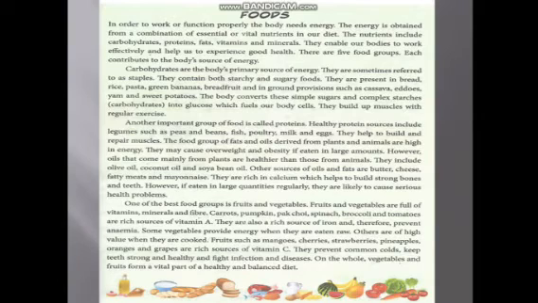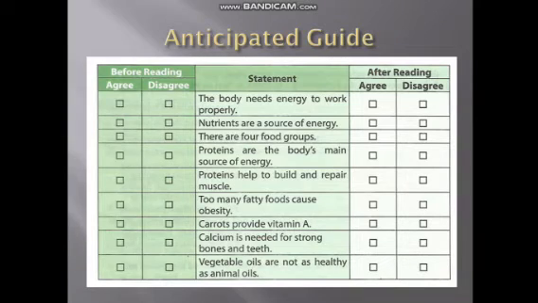Healthy protein sources include legumes such as peas and beans, fish, poultry, milk, and eggs. They help to build and repair muscles. So you see that I'm correct, because it says proteins help to build and repair muscles. So I will allow my answer to stay just as it is. So I agree, which is right here.